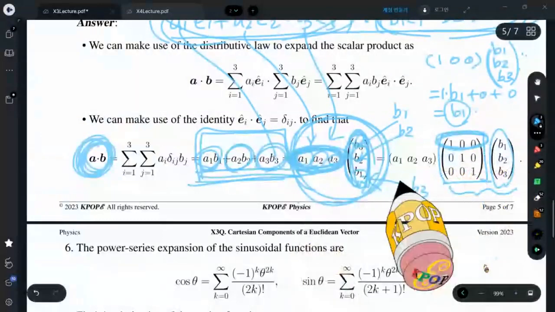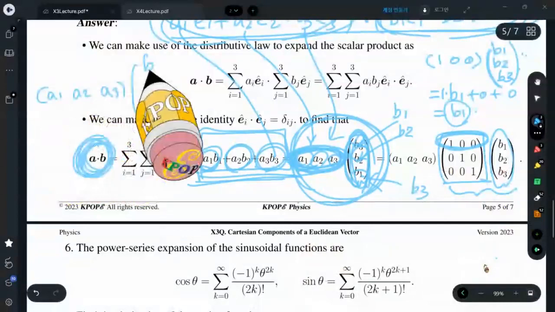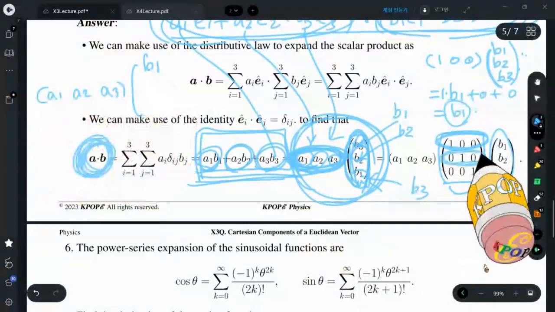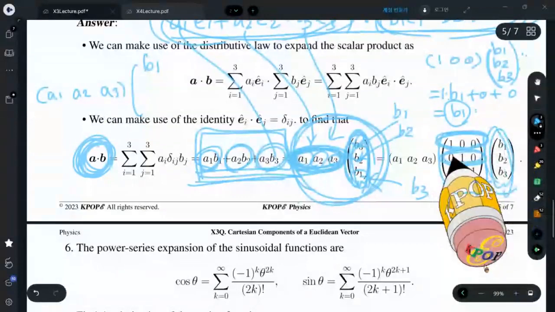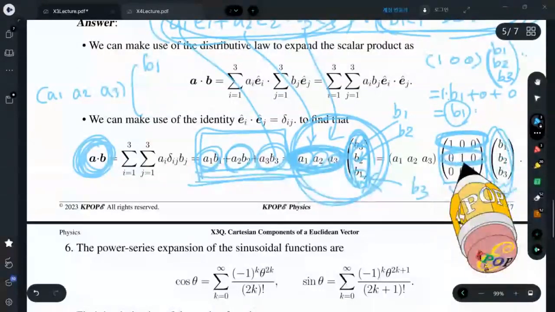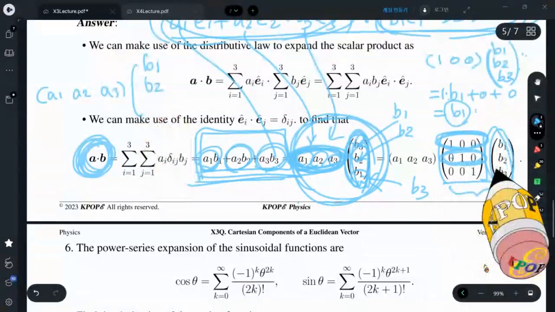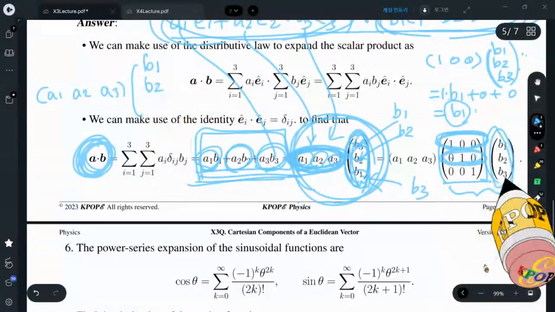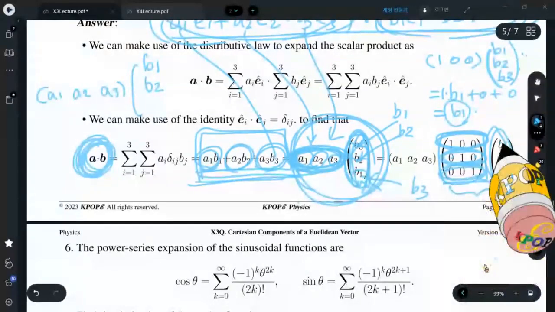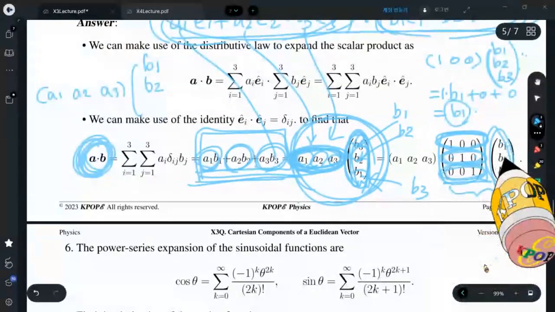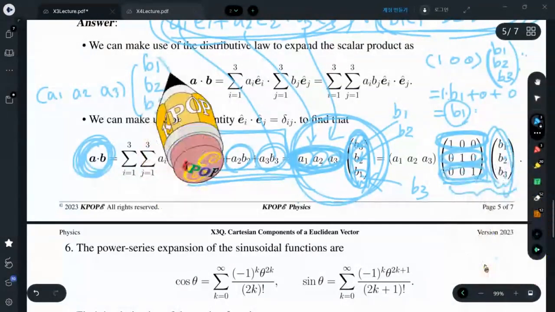So for A1, A2, A3, we have B1 here. What about this? Multiply this: 0 times B1 is 0, 1 times B2 is B2, and 0 times B3 is 0. What about the third row? 0 times B1, 0 times B2, and 1 times B3 is B3. Aha.